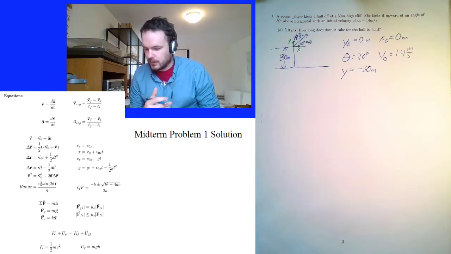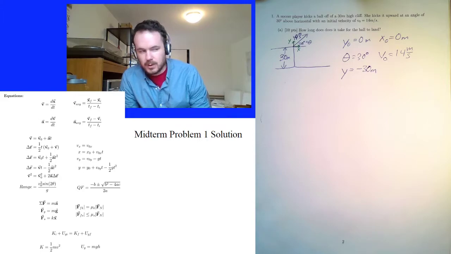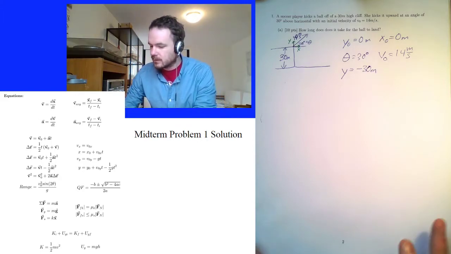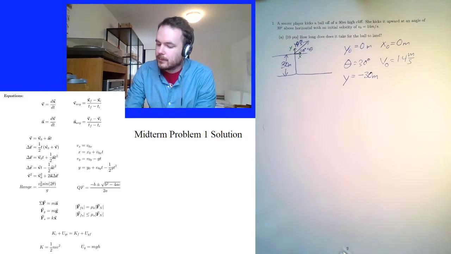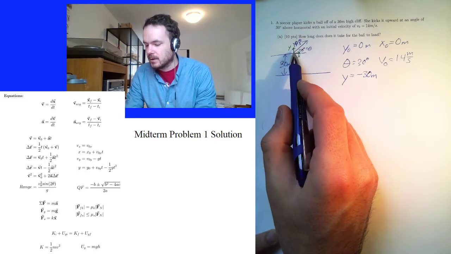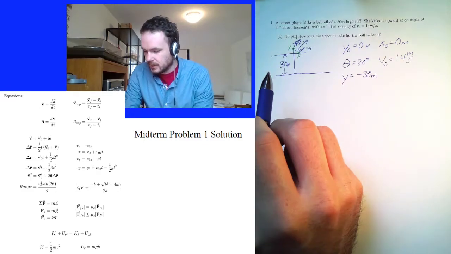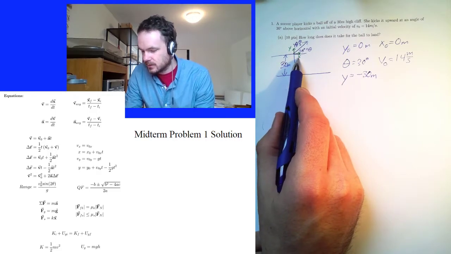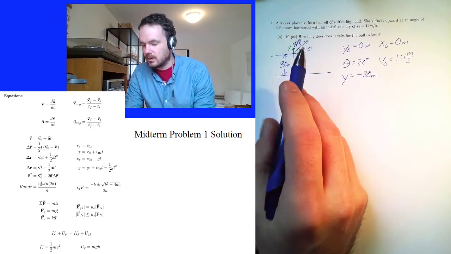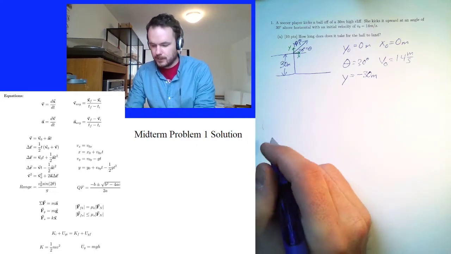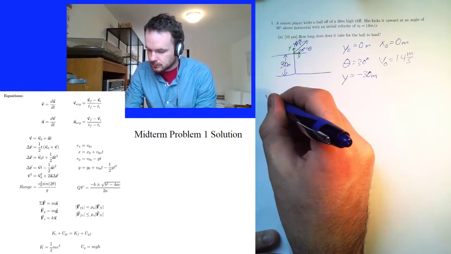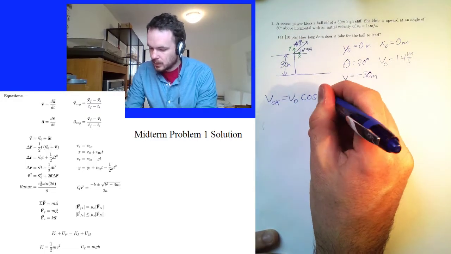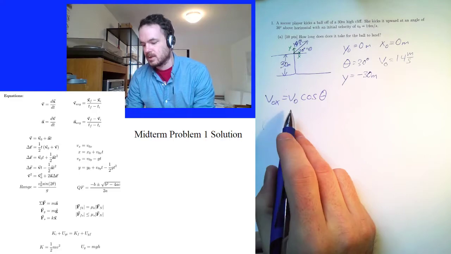Okay, so the first part of the problem is asking for how long it takes the ball to land. So we're looking for time, right? So the first thing I'm going to do is turn my v0 into v0y and v0x, so I can do a little trig there. The x direction is going to be adjacent to the theta that we know, so adjacent goes with cosine. So v0x is v0 times cosine theta.